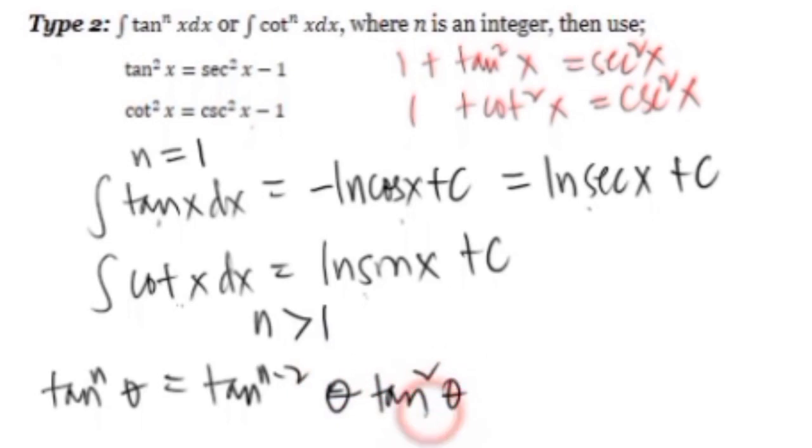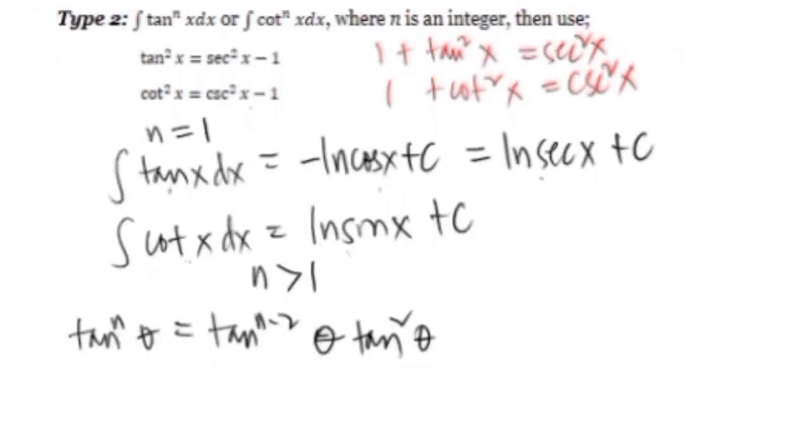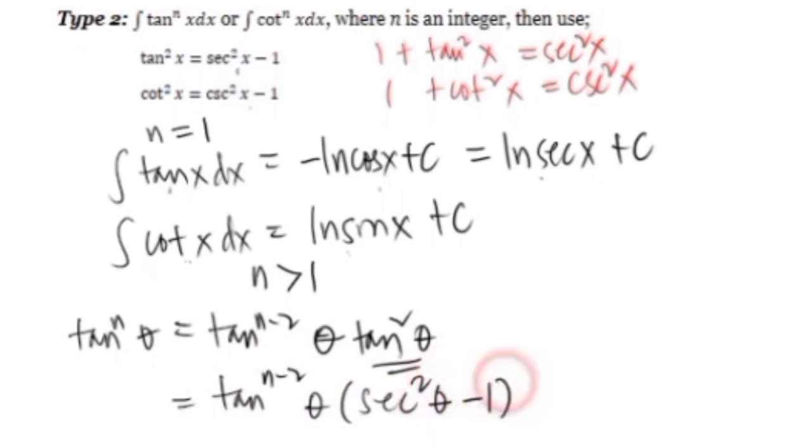So we factor out the tangent square and we express this tangent square into secant square x minus 1. So magkakaroon tayo ng tangent n minus 2 theta multiplied by secant square theta minus 1.